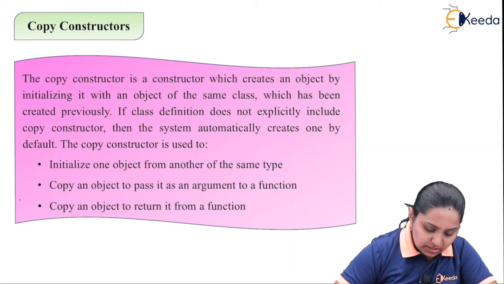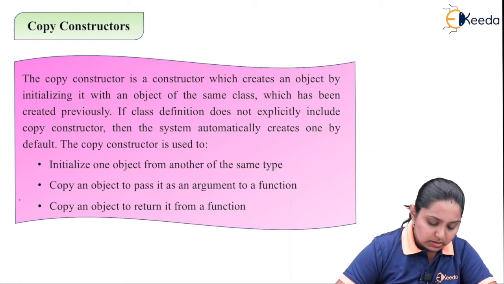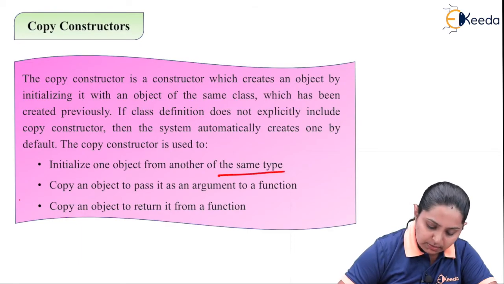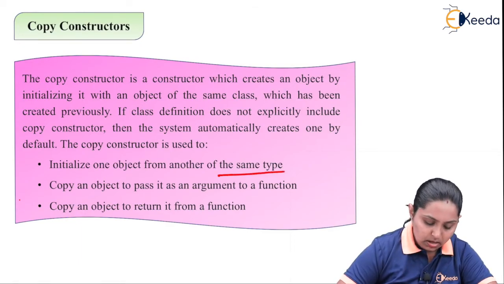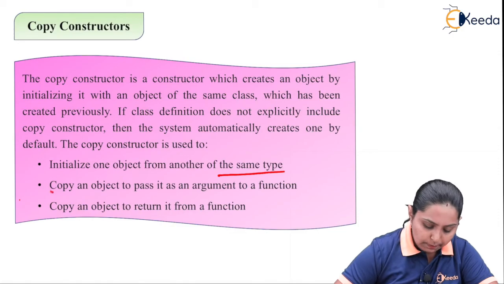If a class definition does not explicitly include a copy constructor, then the system automatically creates one by default. The copy constructor is used, first, to initialize one object from another of the same type. Second, to copy an object to pass it as an argument to a function. Third, to copy an object to return it from a function.